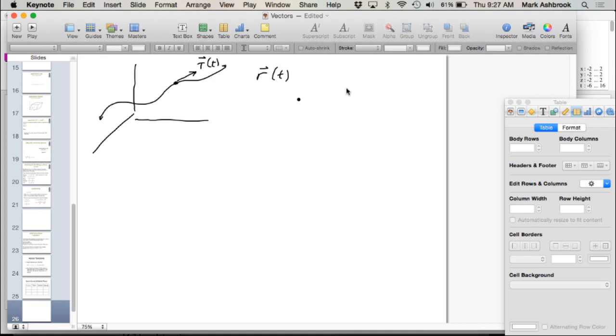So that's called the unit tangent. So what would we get if we took the derivative of that and made it a unit vector?